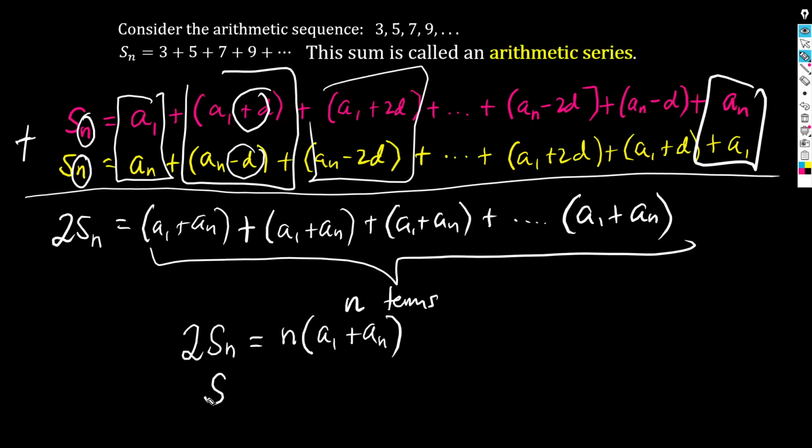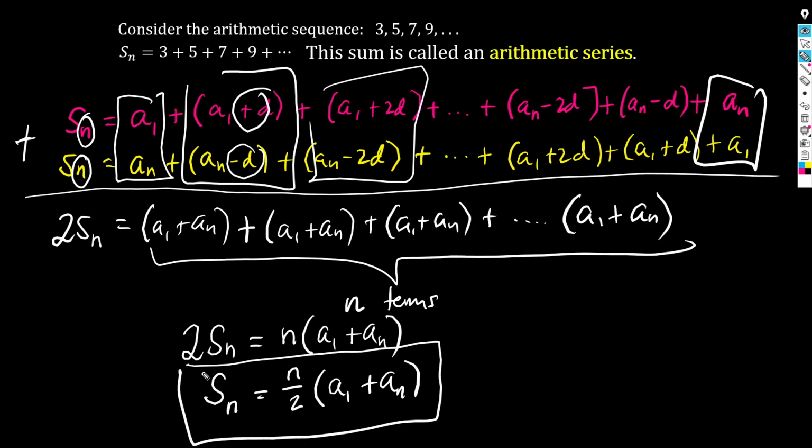I will get S sub n equals n over 2 multiplied by the quantity a sub 1 plus a sub n. This is our first equation to evaluate an arithmetic series. Diba? That's n over 2 multiplied by the quantity a sub 1 plus a sub n.